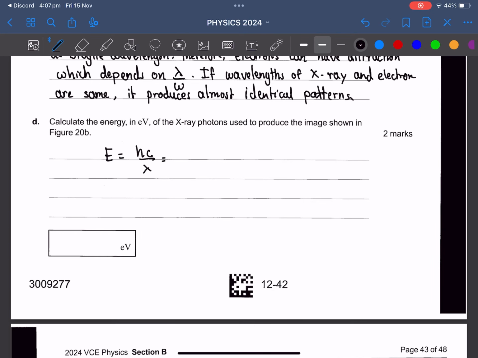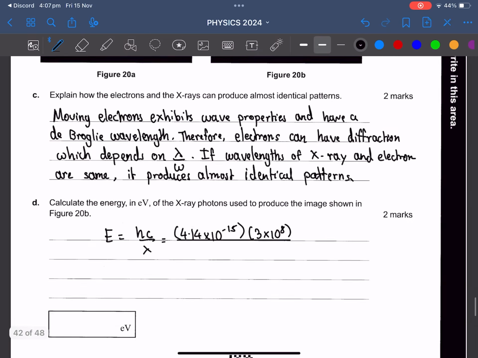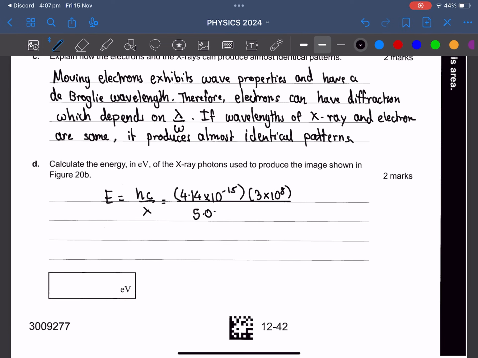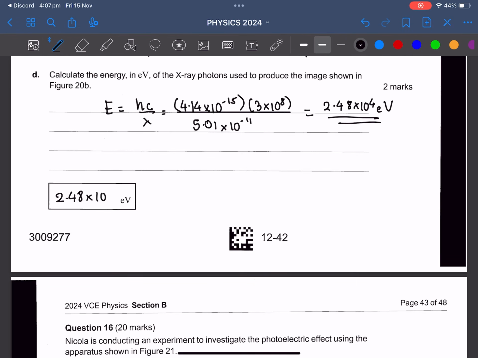Because we are finding it in eV, we have to use the other value of h, so 4.14 times 10 to the minus 15, times c, which is 3 times 10 to the 8, over the wavelength that we have, which was 5.01 times 10 to the negative 11. So I get 2.48 times 10 to the 4 eV.